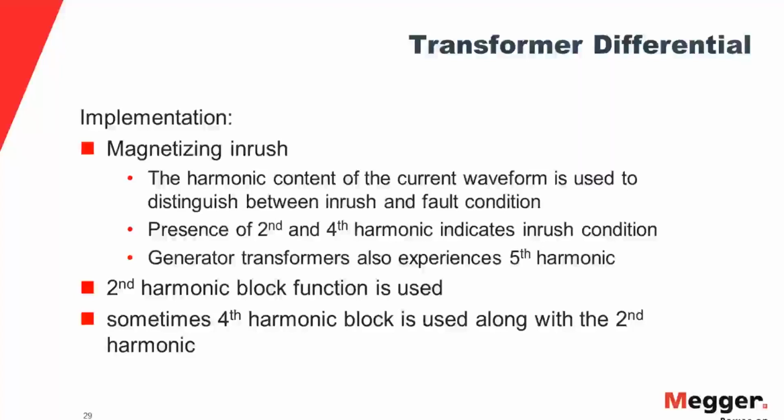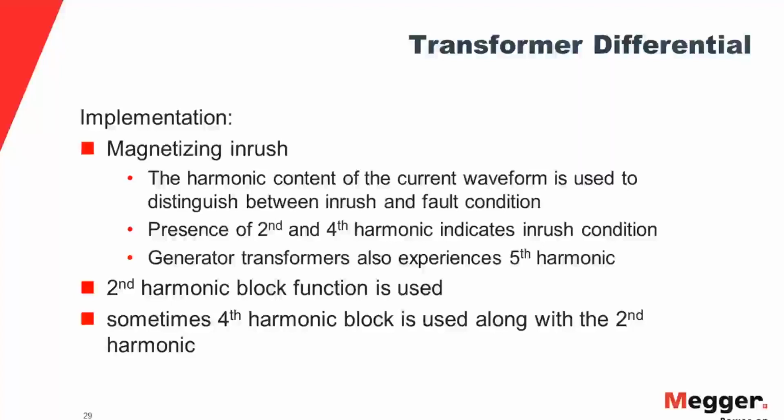Now, the other factors: you have magnetizing inrush, you have overexcitation, you have CT saturation, harmonic contents. How do you overcome those things? We talked about magnetizing inrush, not in great detail, but a little bit.